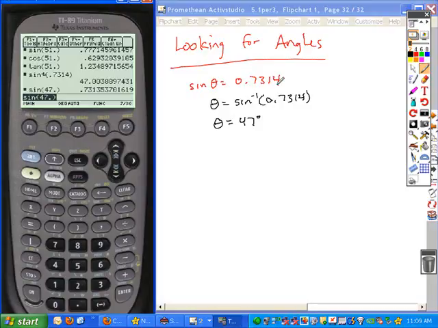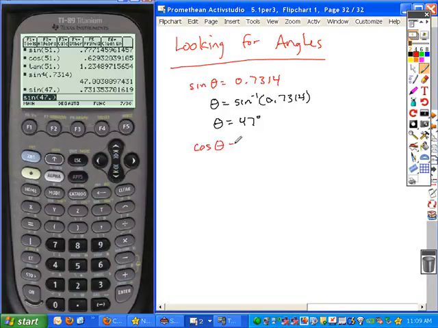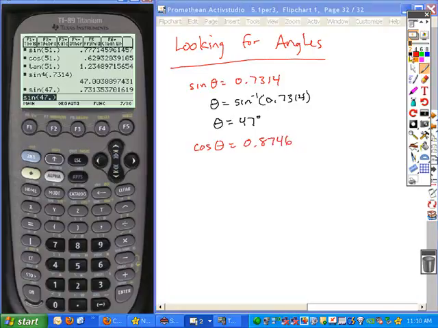So you may be asked to find the angle measure. Finding a missing angle involves an inverse trig ratio. If I tell you that the cosine of an angle is 0.8746, tell me what the angle would be.